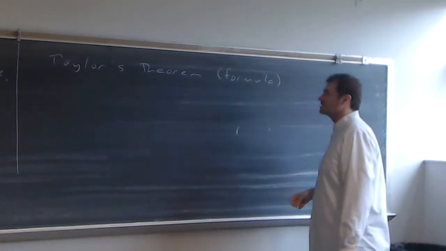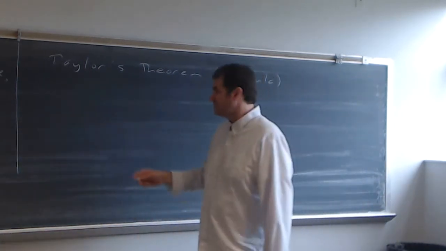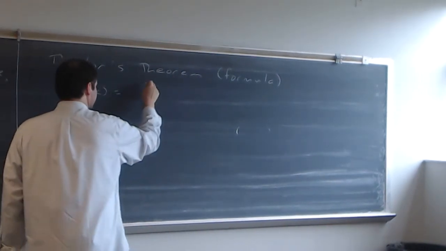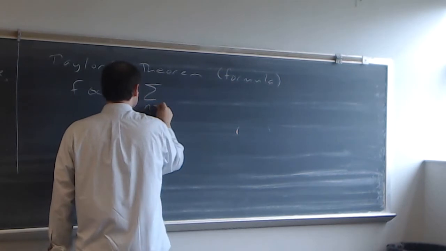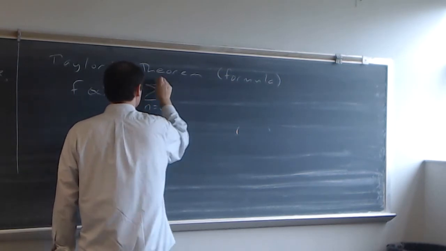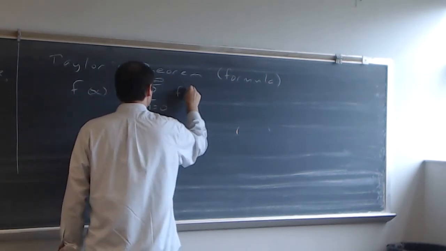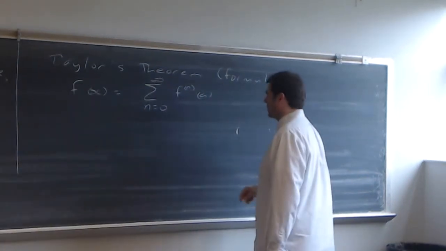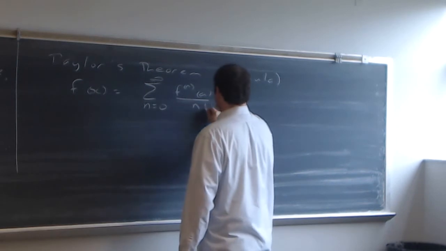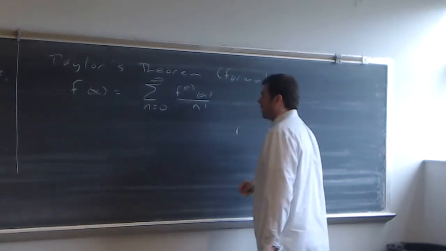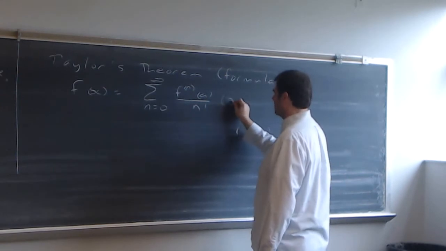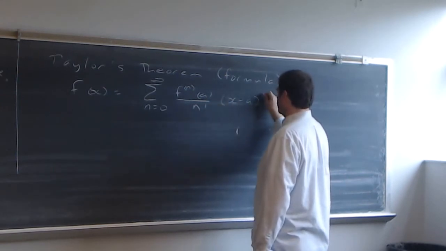What it says is that if a function has a power series representation, it looks like the sum as n runs from 0 to infinity of the nth derivative evaluated at some number a, so that's a number, over n factorial, times x minus a raised to the n.